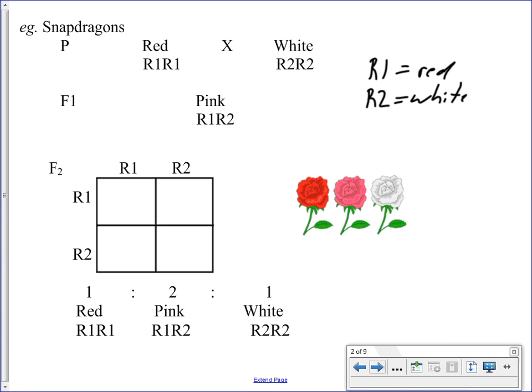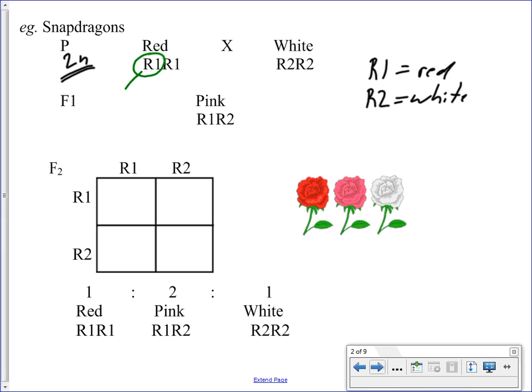So from parent number 1, which is the red color, they have, of course, because they are diploid, two copies of this gene, as all diploid cells do. So two copies, one on each of the chromosomes. When the gametes are formed from the red flowered snapdragon, those gametes will only have one chromosome, so they will only have one of these R1s.